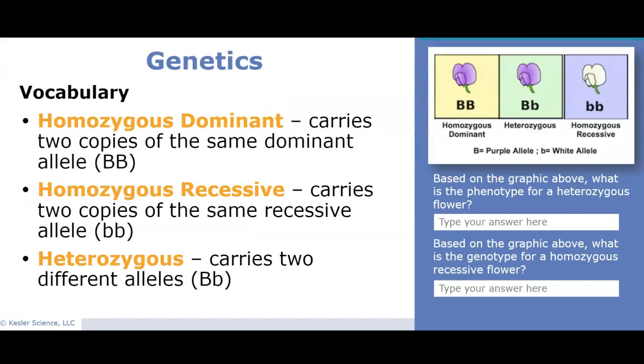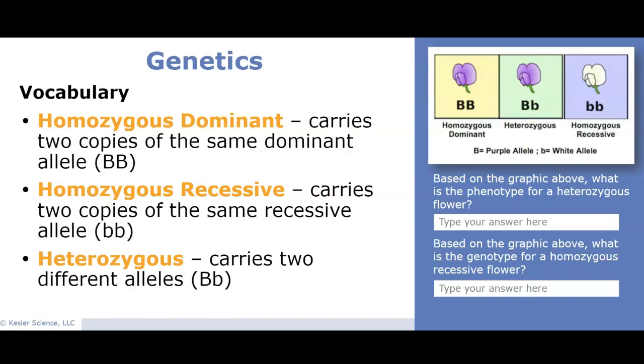So some of our vocabulary, and we've gone over this before. Homozygous dominant means that it has 2 copies of the same dominant allele. Homozygous recessive means that it has 2 copies of the recessive allele. And heterozygous means it has 2 different alleles, one dominant and one recessive.